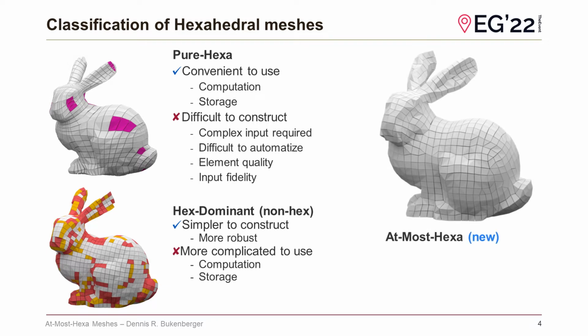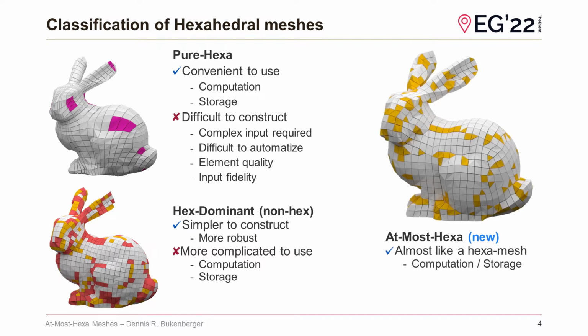Now, we also propose to relax the definition of hex meshes, but to a lesser extent. That is, we target a more bland generalization of hex meshes, which we call at-most-hexa meshes. They are more general than pure hexa, but less general than hex-dominant. We allow for occasional elements that are not hexahedra, but crucially, we only want cells that are simpler than hexahedra, unlike the general hex-dominant case.